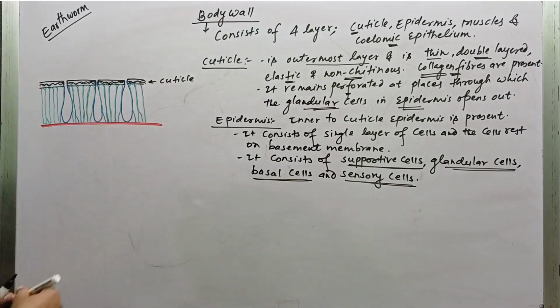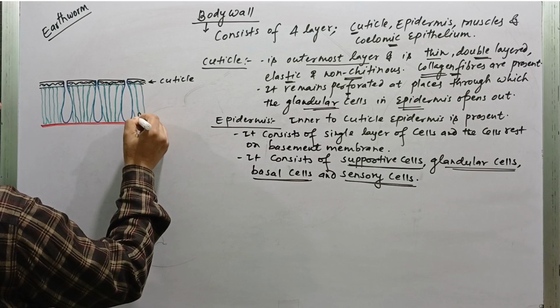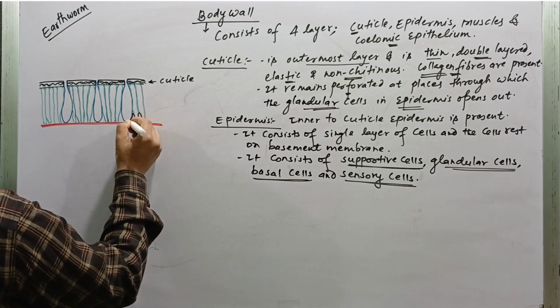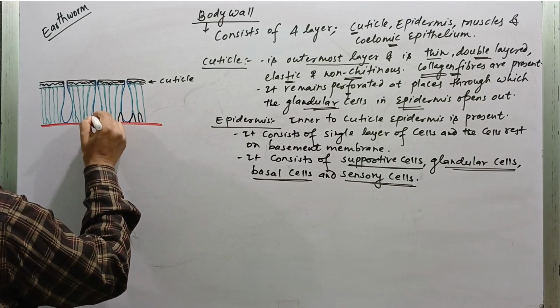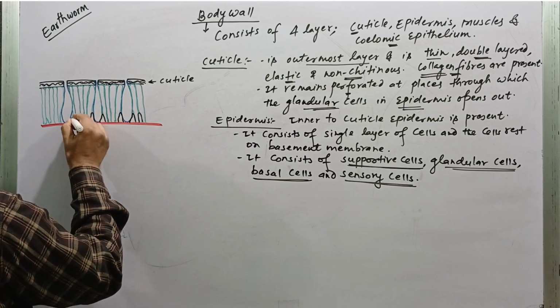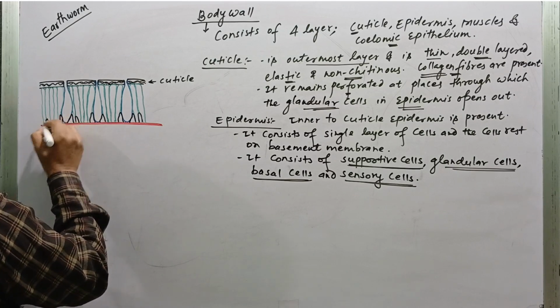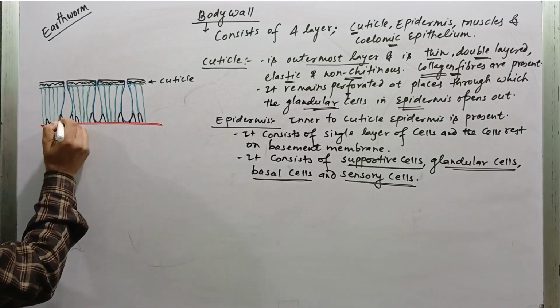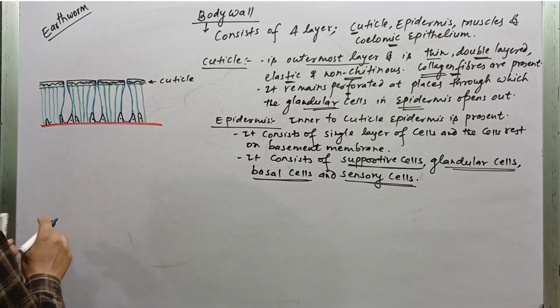Okay, now the basal cells are small cells which are present at the inner side of the supportive cells and the glandular cells. So these are the basal cells.